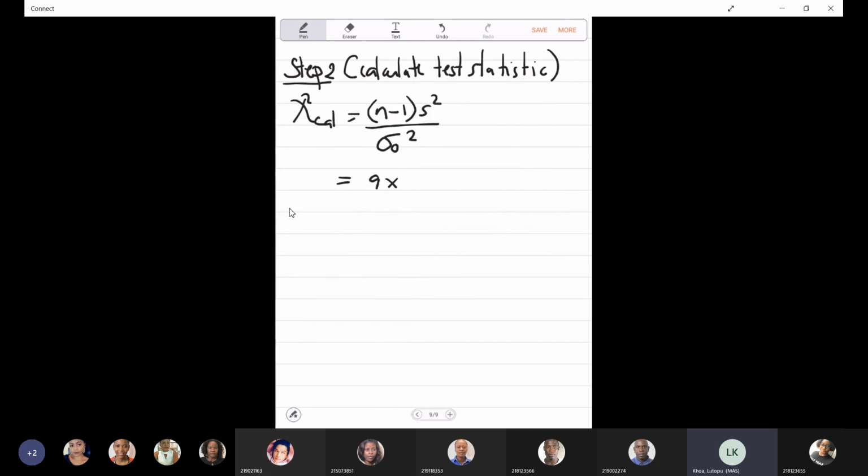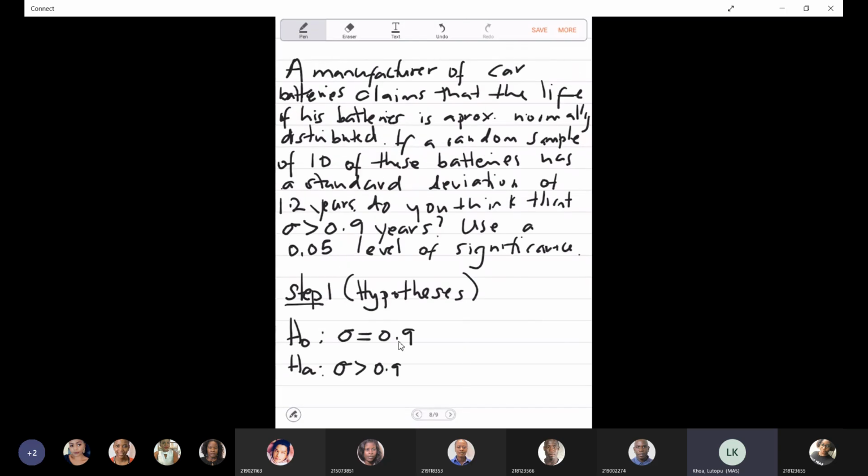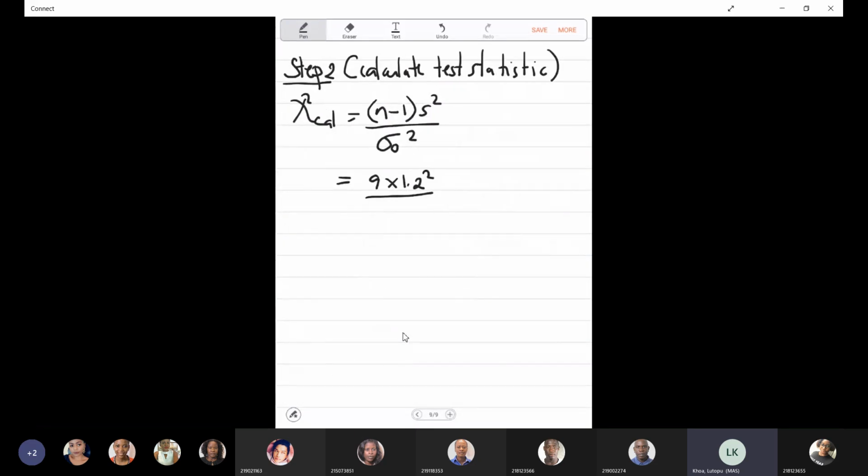So I'll multiply this by 1.2 squared, and then divide by the hypothesized variance that goes with the null hypothesis, but we will have to square it, so this is 0.9 squared. This you do on your calculator. When I did it, I got 16. Okay, so that is step number 2.